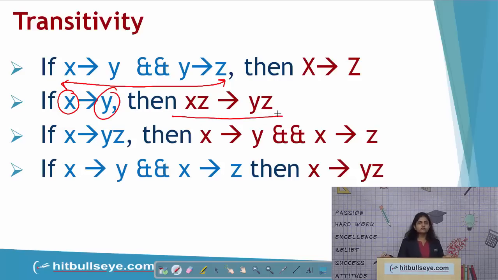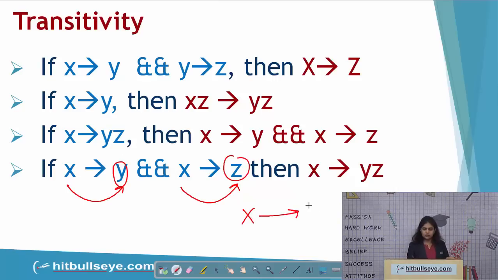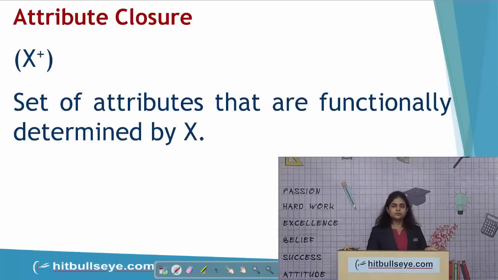If X functionally determines YZ, then X functionally determines Y and X functionally determines Z. And if X functionally determines Y and X also determines Z, then it functionally determines both of these attributes, like this. So these are the properties of transitivity which should hold.